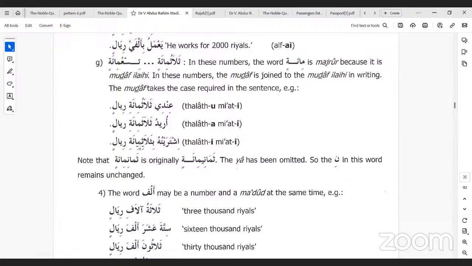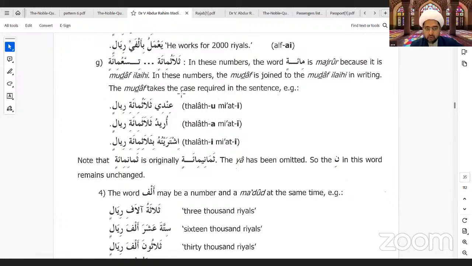This means the first part, thalatha, will take the changes of the harakat according to the sentence it is coming in. These three examples will show you that the word thalatha is changing its harakat due to the different sentences.